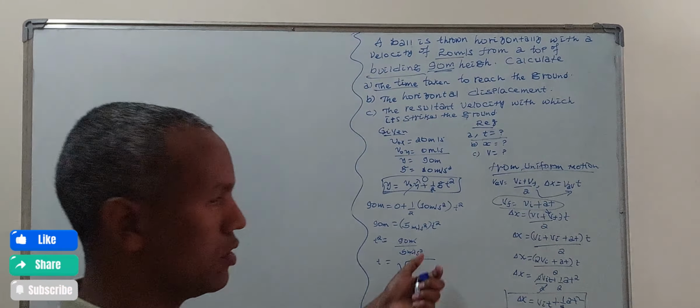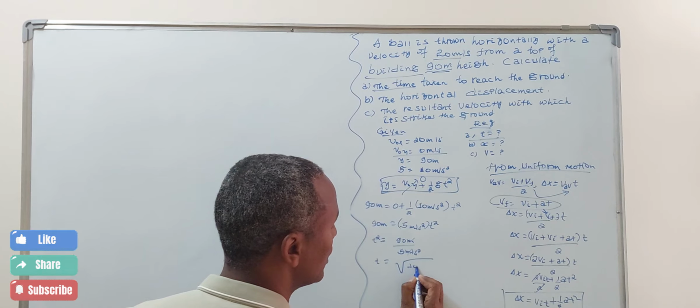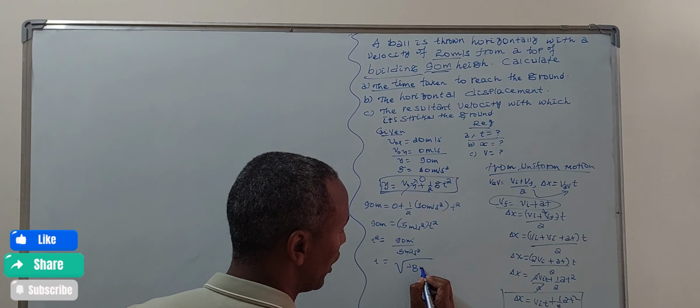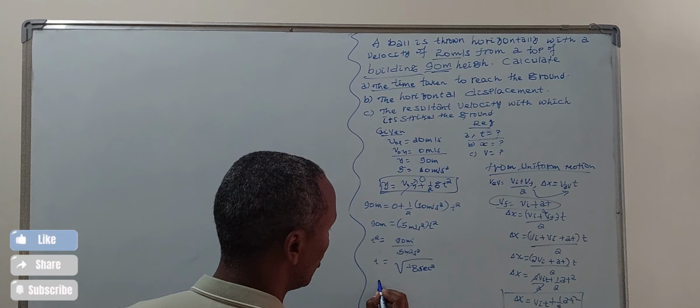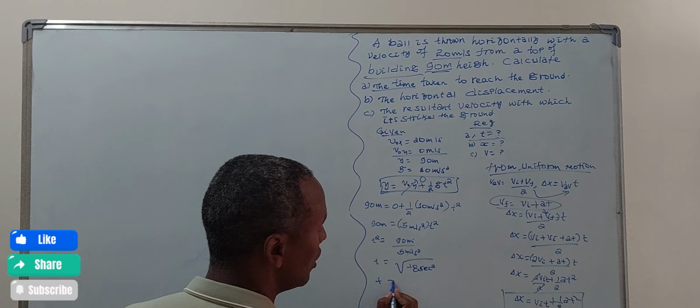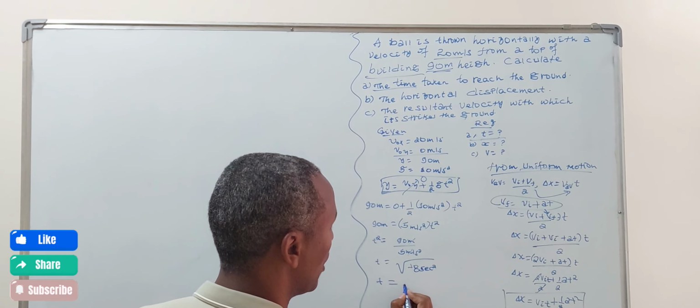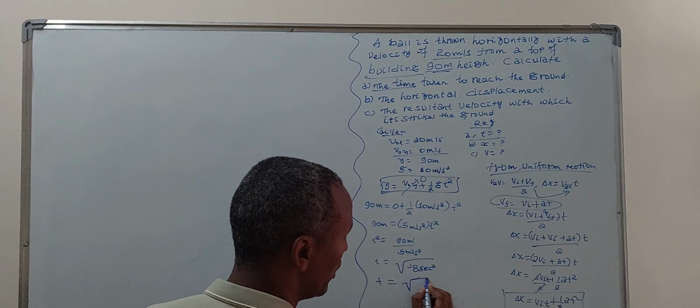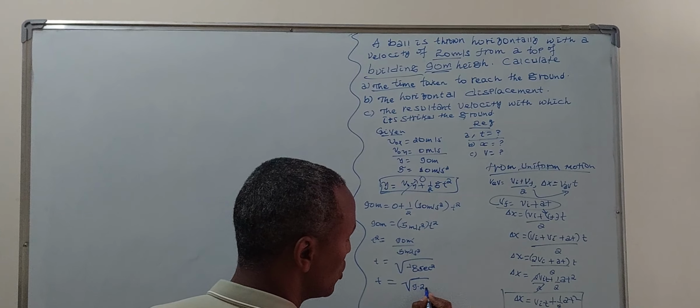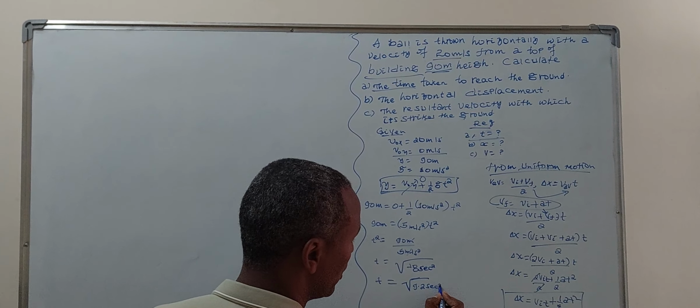This is cancelled by this, and then you can get 18 seconds squared. So t squared is equal to 18 seconds squared, which is basically 9 times 2 seconds squared.